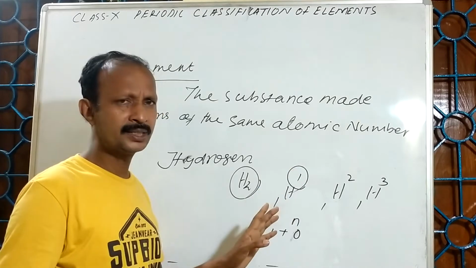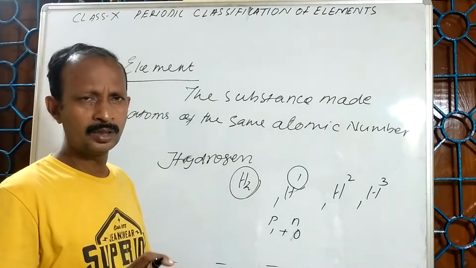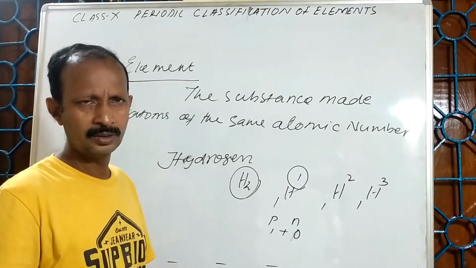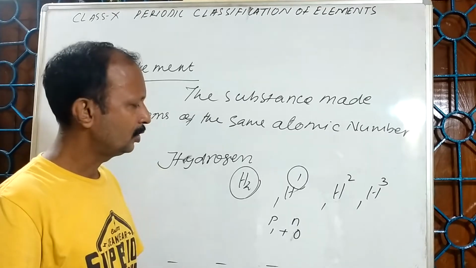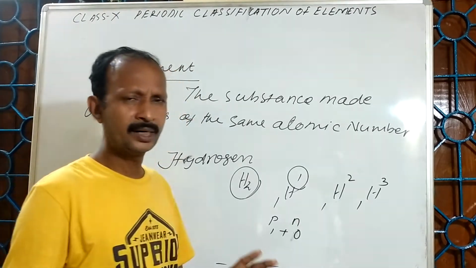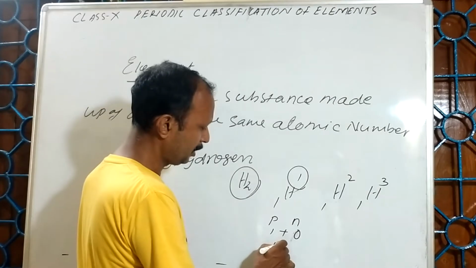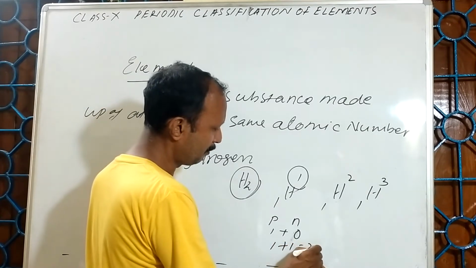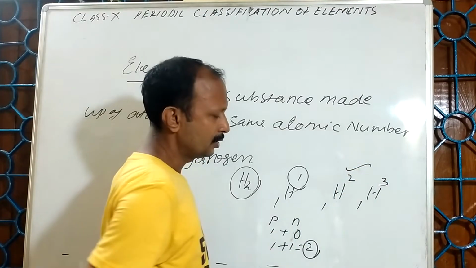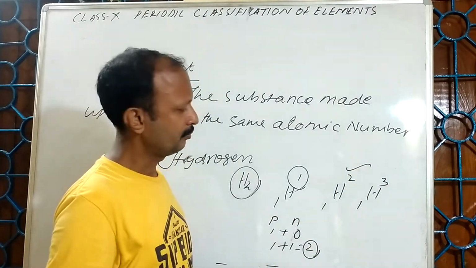That's why its mass is 1. But out of 20,000 on average, 1 hydrogen is there which contains 1 neutron. That means if proton is 1, neutron is 1, its mass is 2. This is called deuterium.